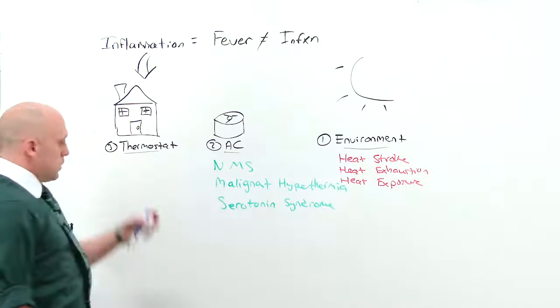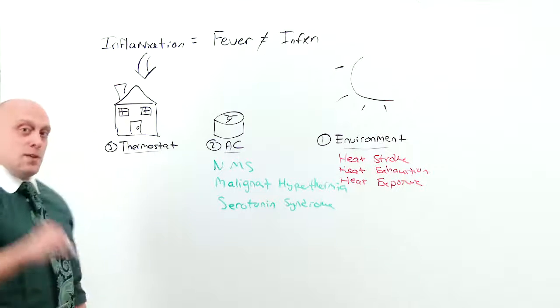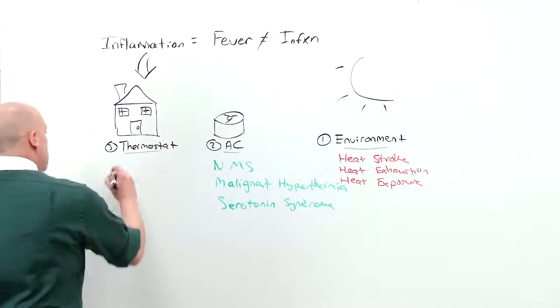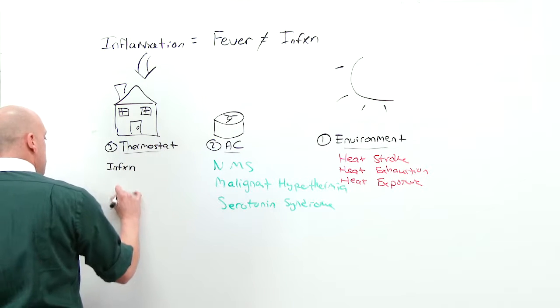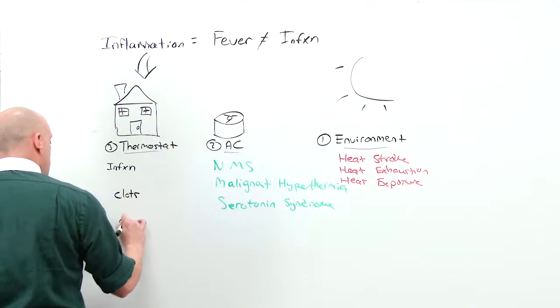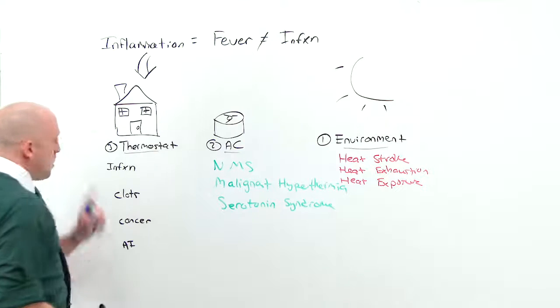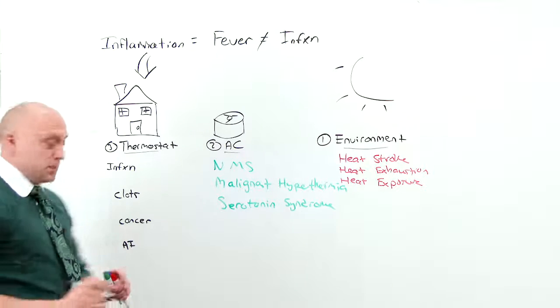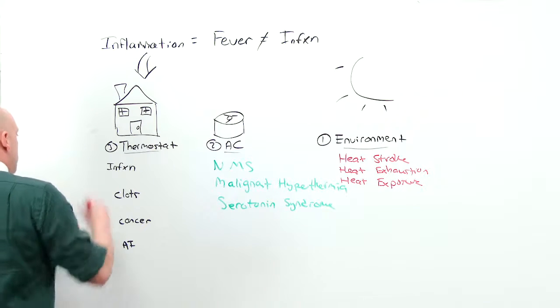And then the big one is the thermostat, because lots of things can cause inflammation. Yes, infection is on the list, but other things do it as well, such as clots, cancer, and autoimmune disease. The infections that people miss can be recalled by using AEIOU.